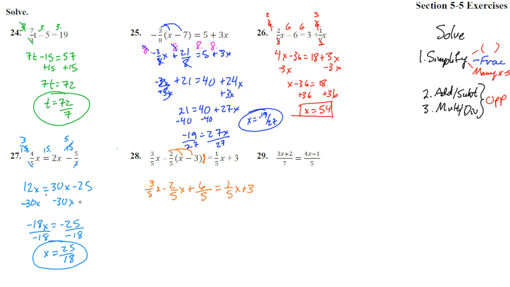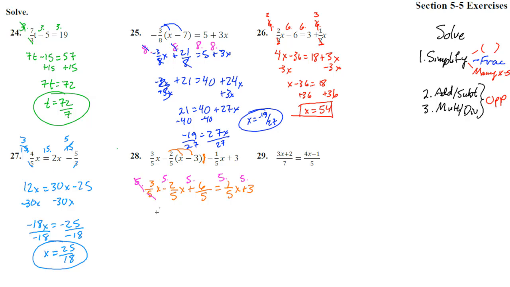Well, I think they made it pretty obvious what the least common denominator is. Notice you could actually combine these together. That would be all right. Or we can cut out the fractions and make it just a little bit simpler to work with. So that's what I'm going to do. Multiply through by the least common denominator, which in this case is a 5, because that's what all the denominators are. Well, okay, except for the 3 over 1 there.